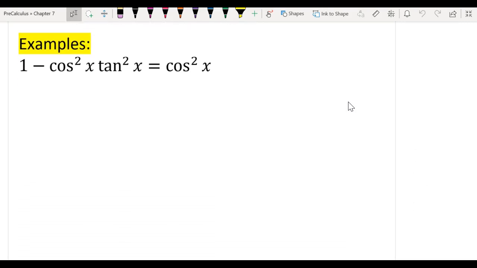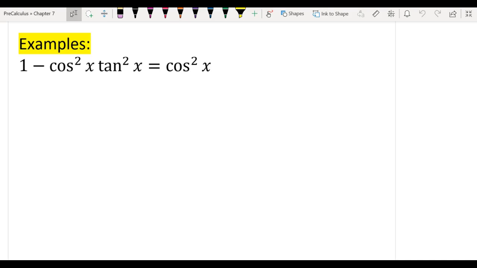All right. Are we ready to try some out? So remember, you're only working on the left-hand side. And remember, the first thing that you should always be doing is change any versions that aren't in sine and cosine. So this is cosine squared, we're good there. But tan squared of x needs to be changed into sine and cosine.